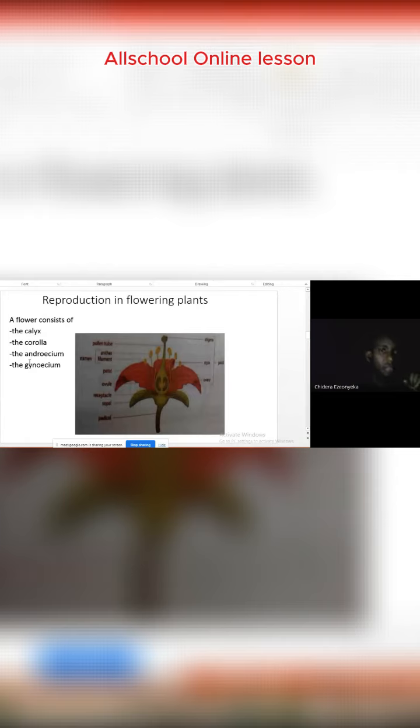The calyx, the corolla, the androecium, and the gynoecium are not just parts of the flower, they are the floral parts of the flower.